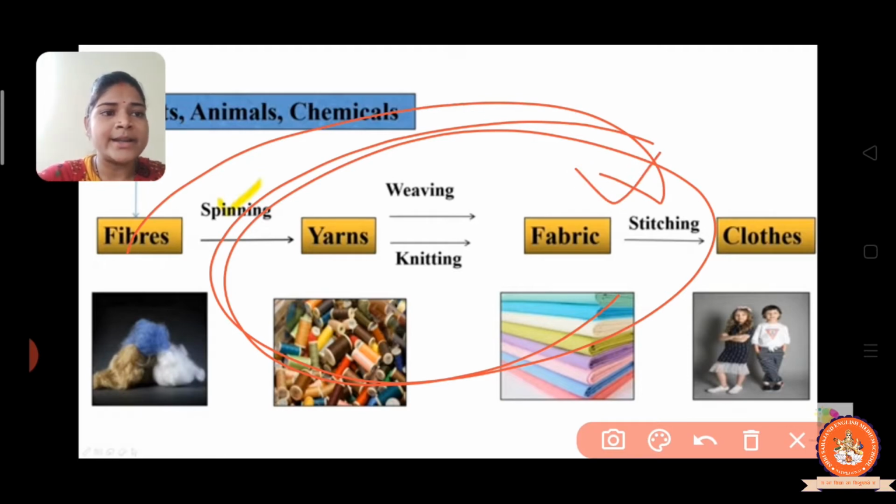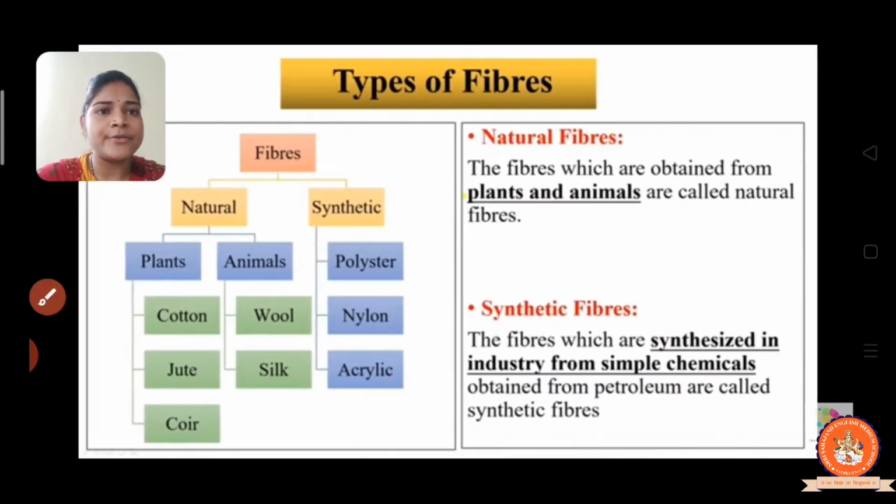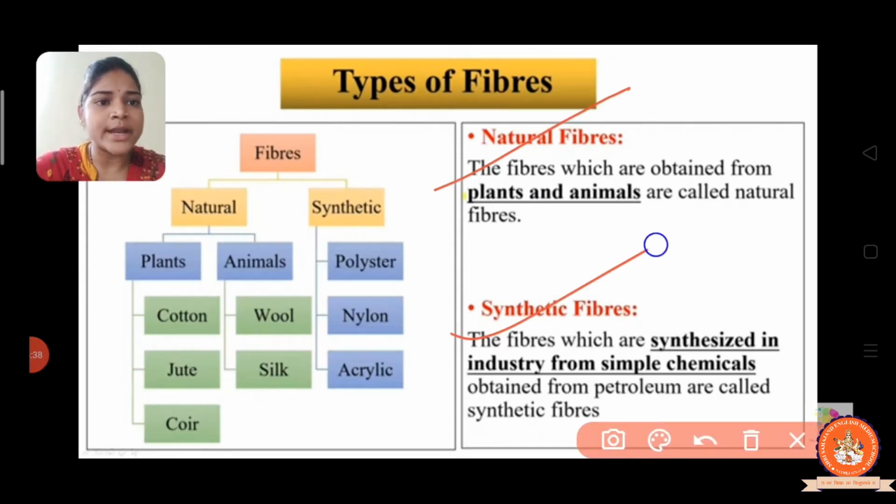Right? Now next we have the types of fiber. So what types of fiber are there? There are two types, natural fiber and synthetic fiber. Now first let us discuss natural fiber.